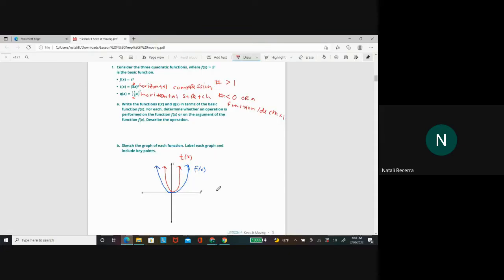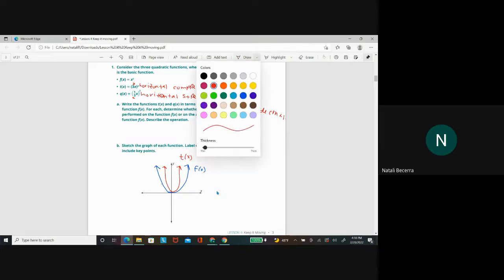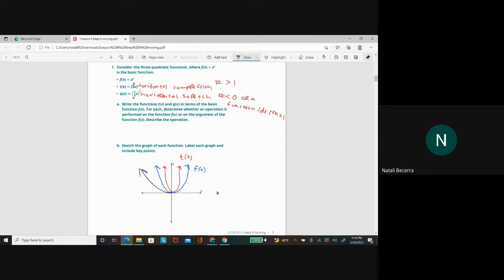Okay, so it's similar to the vertical compression, but don't get it confused, okay? You have to remember that anything that's inside of parentheses is horizontal, and whenever the number is a fraction, it is going to be a horizontal stretch. So let's do purple for this one. And this one was way wider out here, and this was q of x.